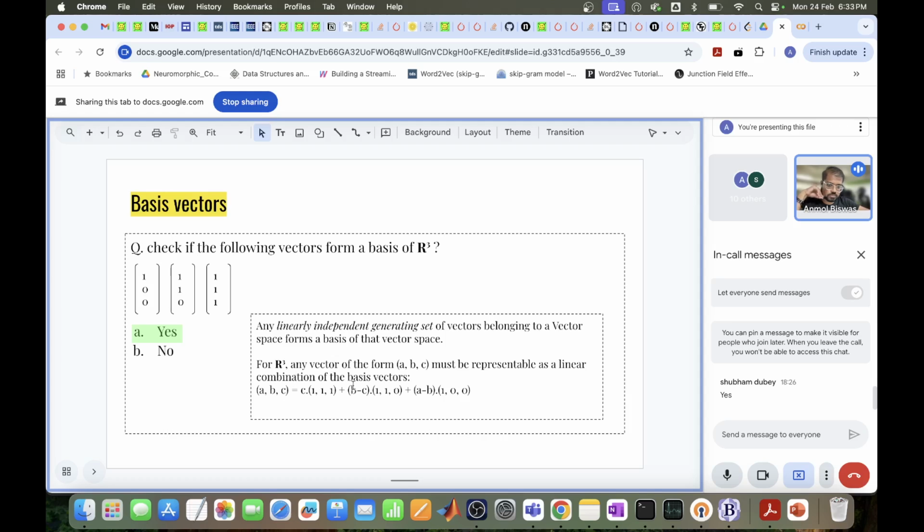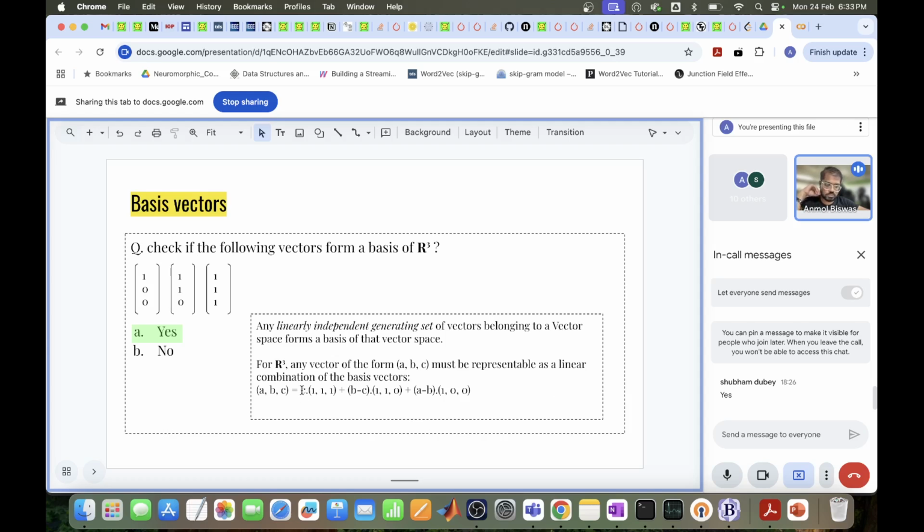And it is in fact true, right? So you can write C times 1 1 1 plus B minus C times 1 1 0 plus A minus B times 1 0 0. And what you will be left with is A comma B comma C, right?